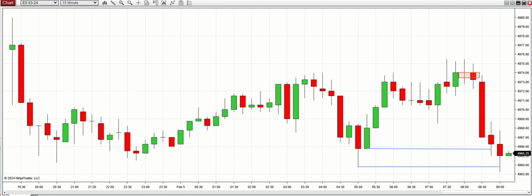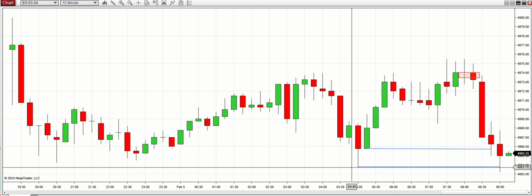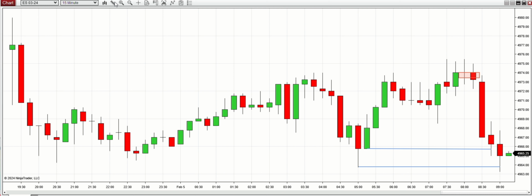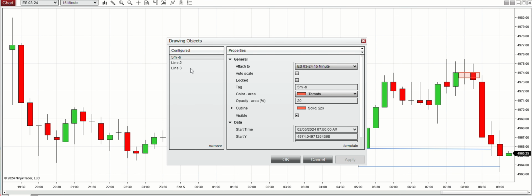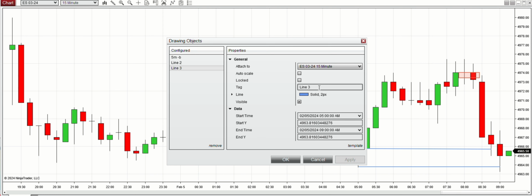And as you can see, price did go down to that level, and now it is retracing up. For my sell side liquidity, I like to use a red line. And I generally like to keep it dashed so that it's not too visually heavy for me on the chart, but I do like to note those and try and pinpoint them as precisely as I can.